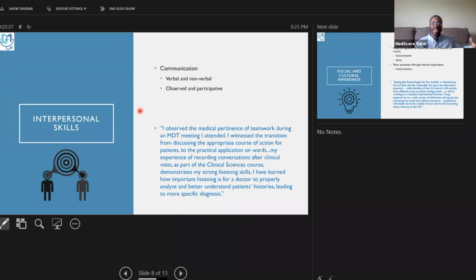Or I had to go talk to a patient. That's participative as opposed to just observed. Either is fine, but the point is to draw out what you've learned from it and link the experience to the skill, in this case communication.